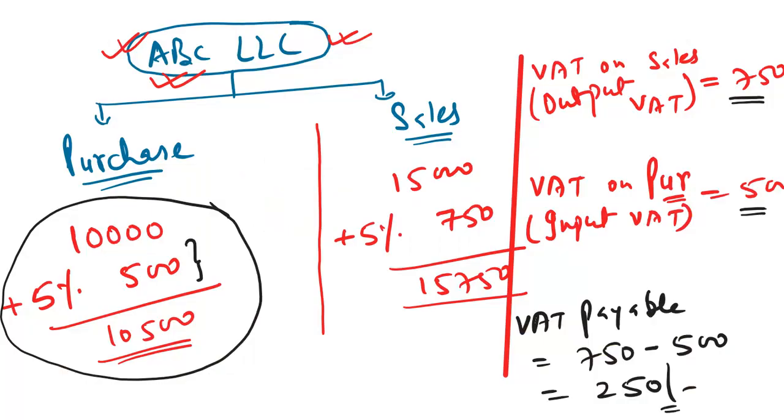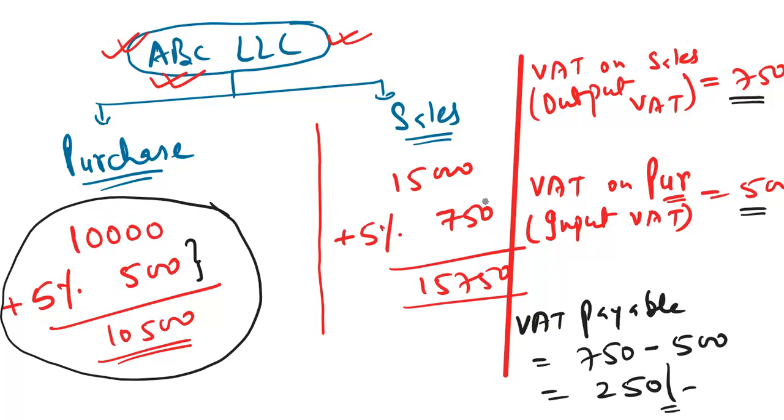Trust me, when I get the 750, 800 dirham or something, I will take that 500 back in my pocket. So the amount I'm paying to the supplier, I will get it back. So the product costing will be only 10,000. Only 10,000. Understand?